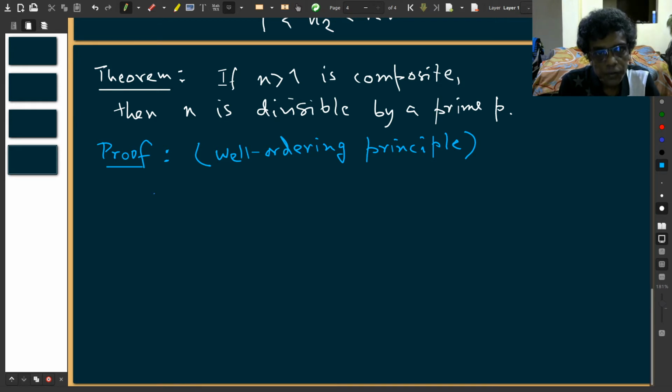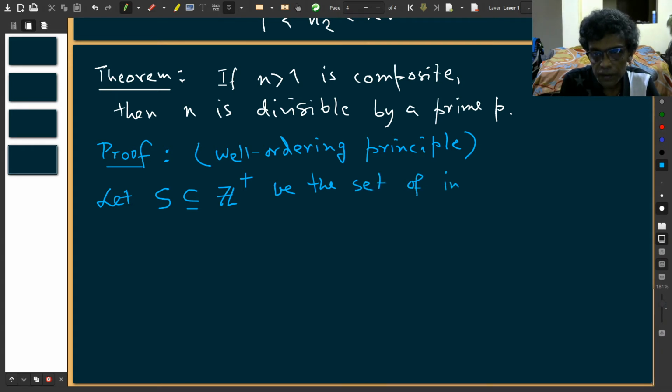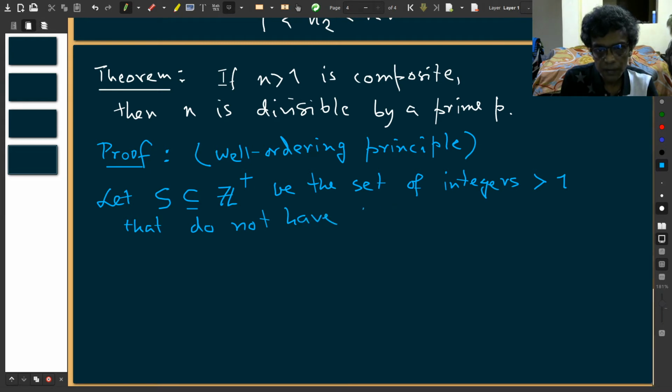So suppose S contained in Z plus be the set of integers greater than 1, let's say, that do not have prime divisors.